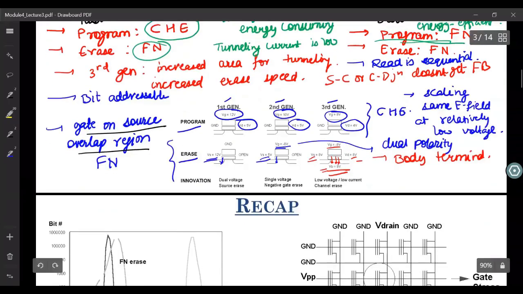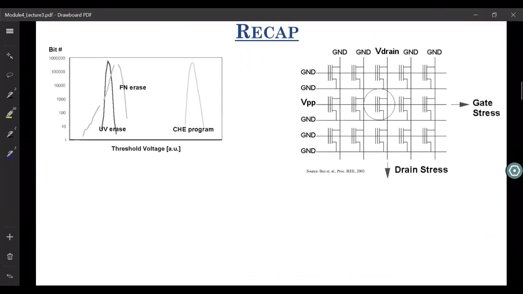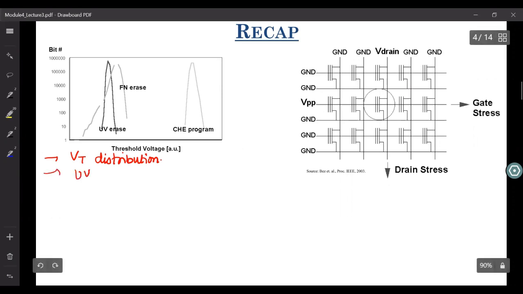Then we also discussed reliability, and we saw that there are different parameters to gauge the reliability of any NAND flash memory. One of them was to analyze the threshold voltage distribution. To do that, initially we exposed the entire array to UV. So first we did this UV exposure, and then we measured the threshold voltages.